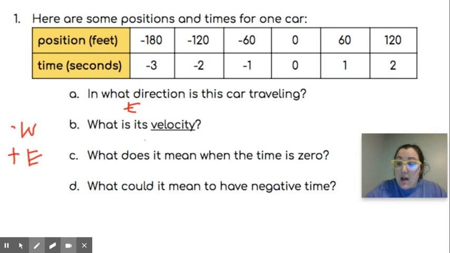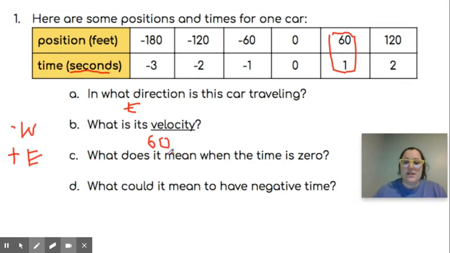So remember, velocity is going to be the speed that it's going, and speed is always measured in per second, per minute, per hour, things like that. So in this case, we're dealing with seconds. So we're going to look for the amount that's at 1 second. In this case, the amount that's at 1 second is 60 feet. So that means the car is going 60 feet per second.